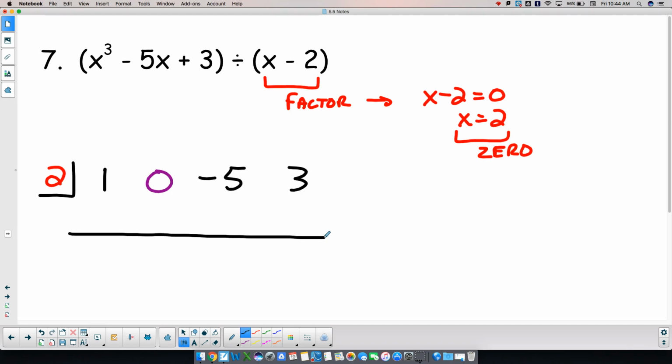Gotta have that placeholder. In long division, you can actually get around not having the placeholder. Okay? You just have funky math and things aren't lined up. Okay? In synthetic, you cannot get around having that placeholder. If you don't have it, your whole problem is going to be off. Okay?